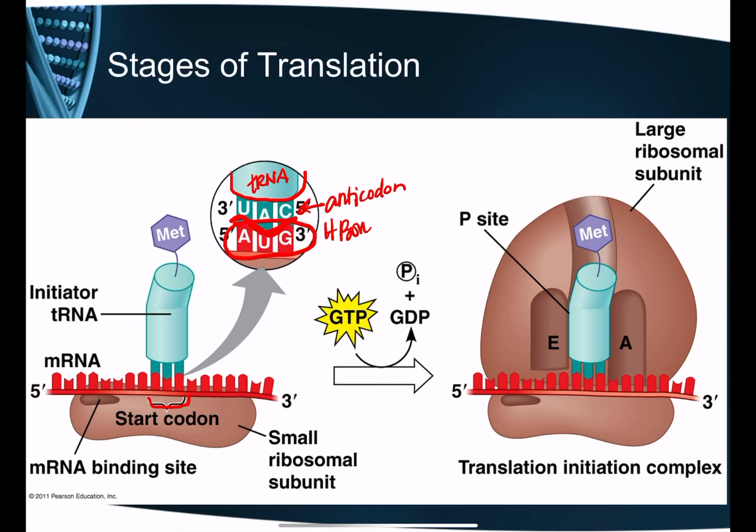And that's important because it's just a temporary bond that's going to be able to break easily, just like it does when we have transcription and replication. Those bonds between those nitrogen bases are always going to be a hydrogen bond. So here we've got our methionine in the P site in our full translation initiation complex, and we're ready to go. Okay, we used a little bit of energy to make this happen.